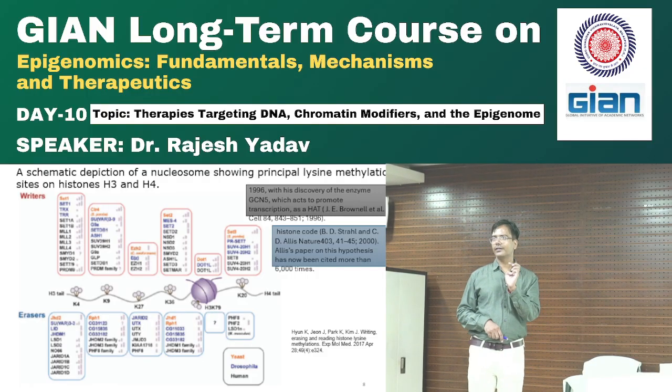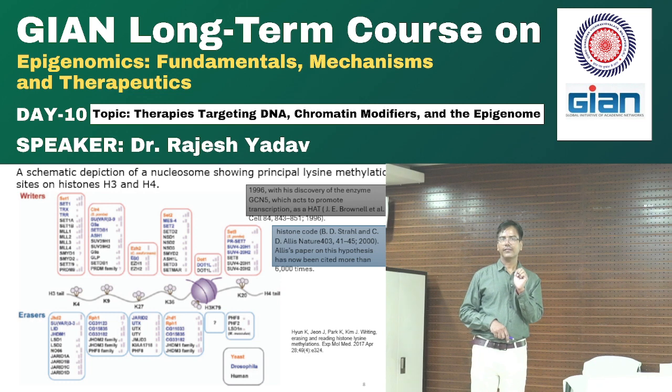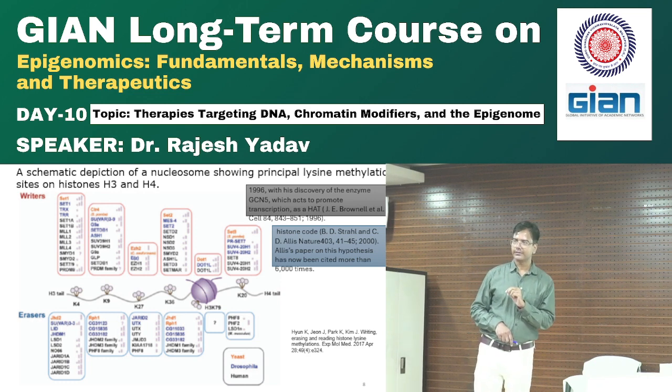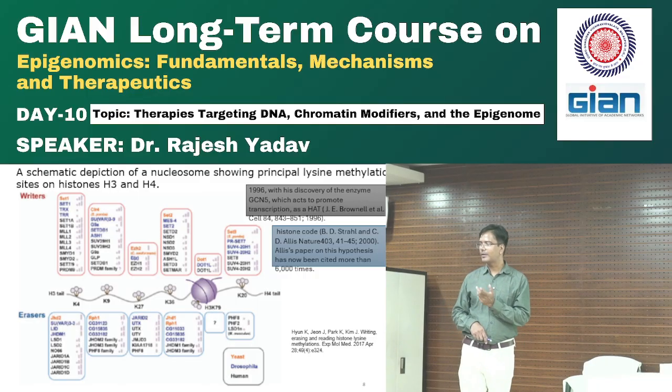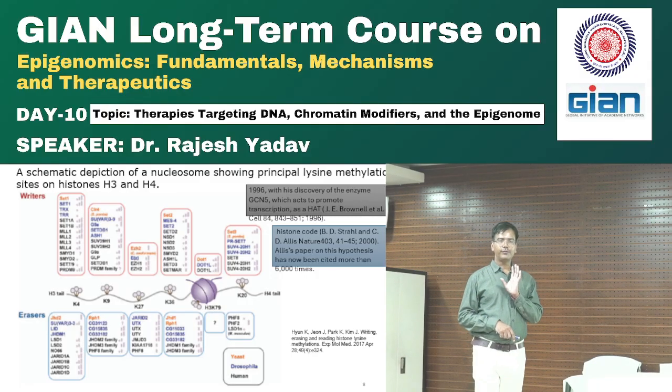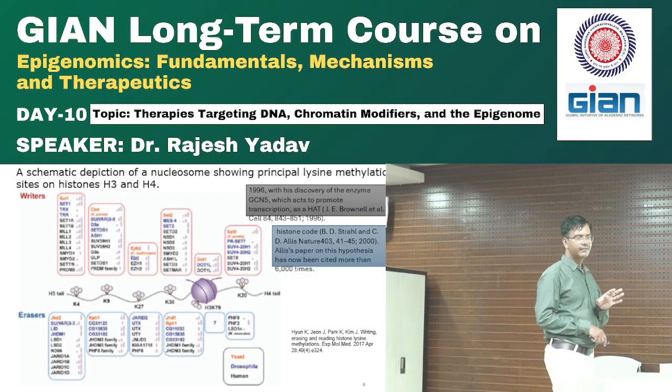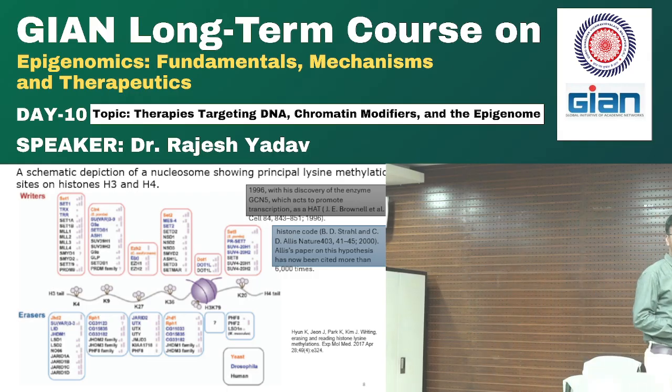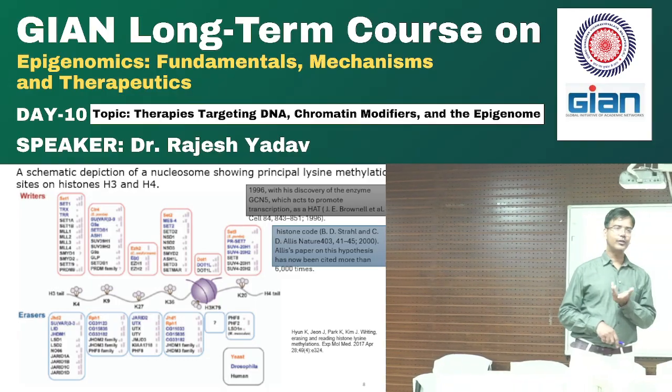So I come to the morning lecture. Sir, prove it by in vitro experiment. K9 trimethylation is important, not K9 dimethylation. So if you are able to purify histones from the cell line, are you going to answer?